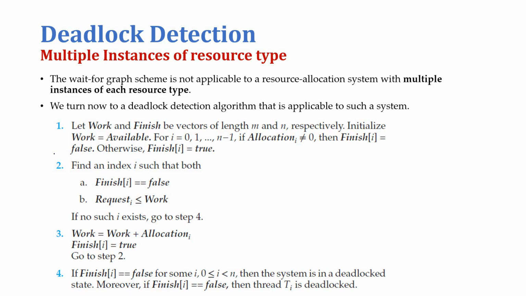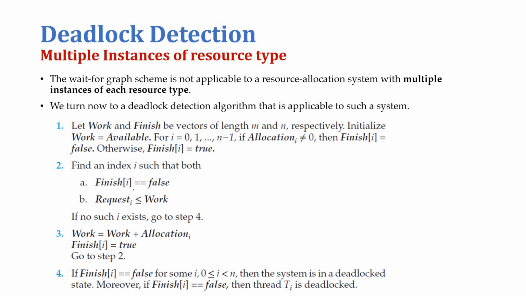It has four steps. Initially, we assign Work equal to Available. The loop is executed for all n processes. Then we check whether Finish[i] equals false, and then whether Request[i] is less than or equal to Work.